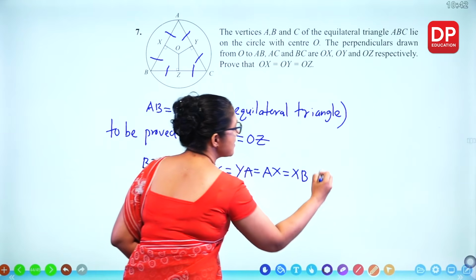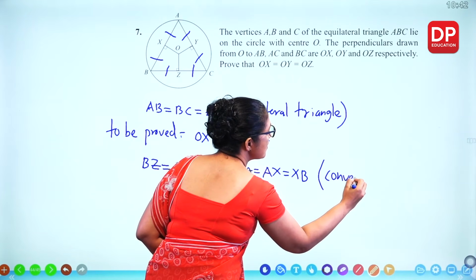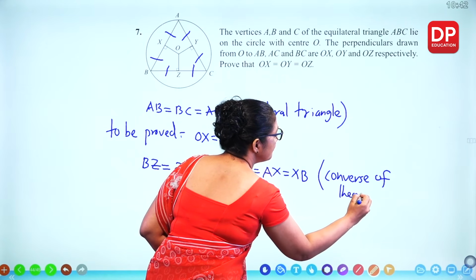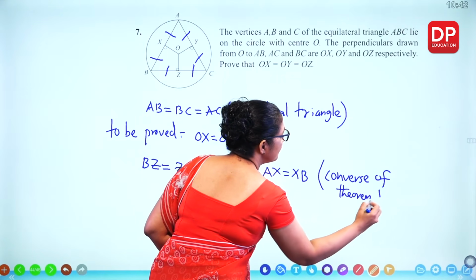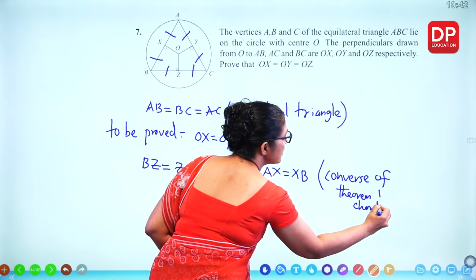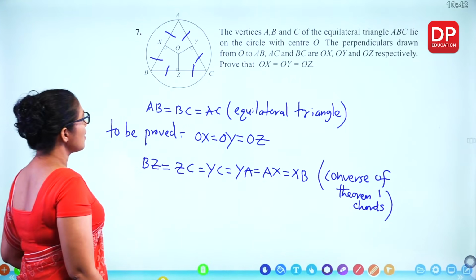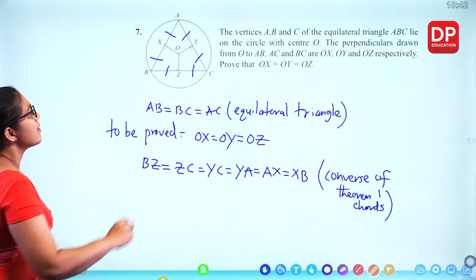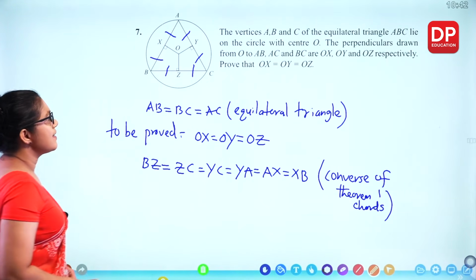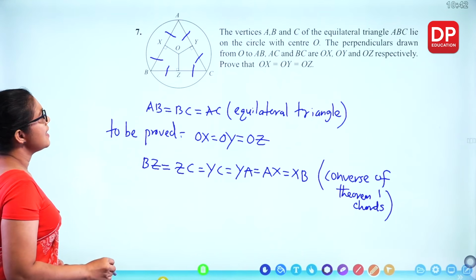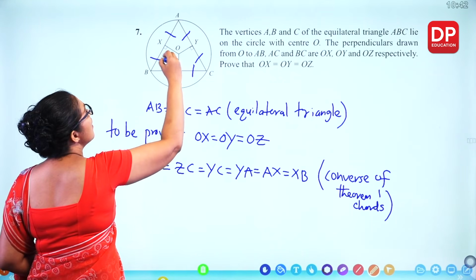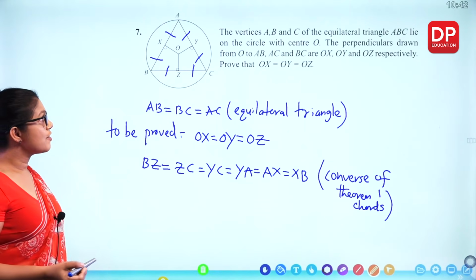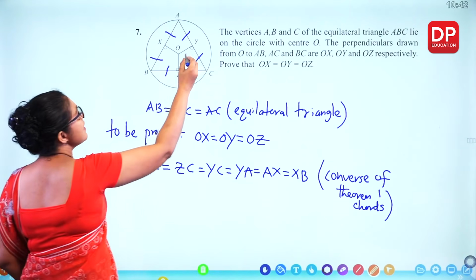What's the reason? Converse of Theorem 1 about chords. So here when you take all these lengths, we can see that ABC is an equilateral triangle and all these lengths are equal.